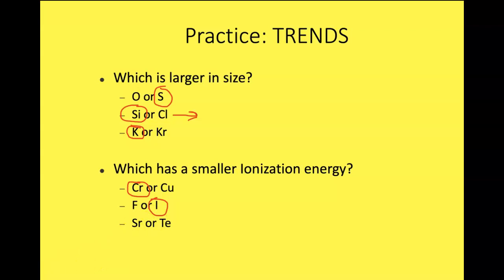It's all the way to the right on the same period, the fifth period as Sr. And so Sr, of course, is more towards the left, so it's going to have lower ionization energy.